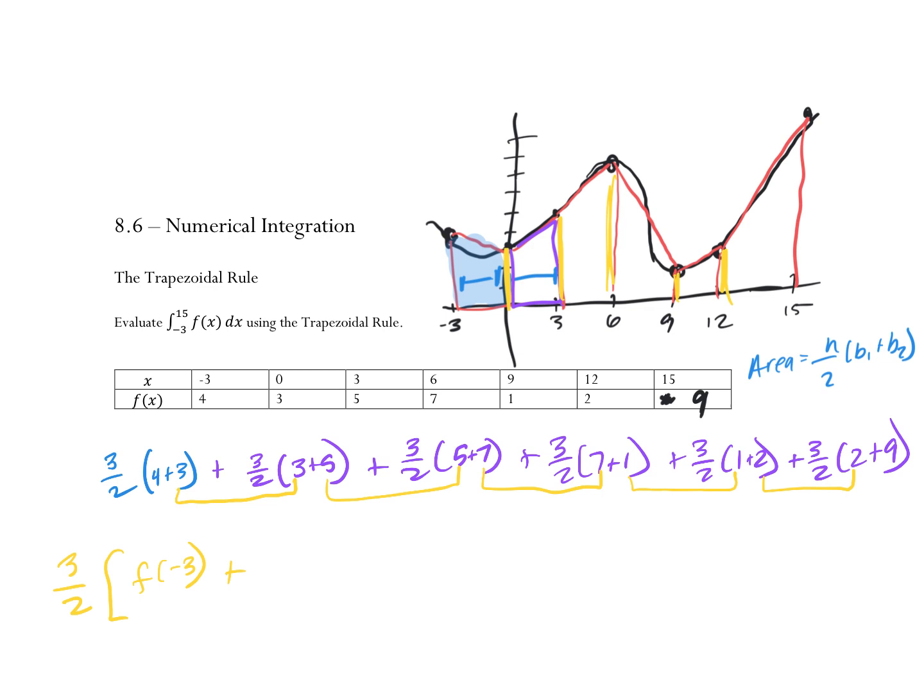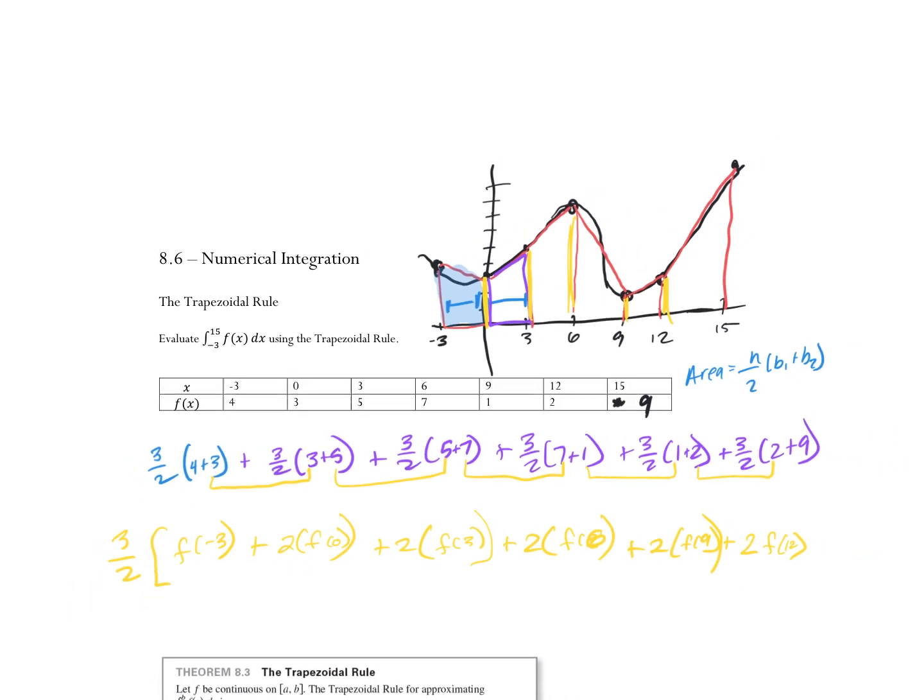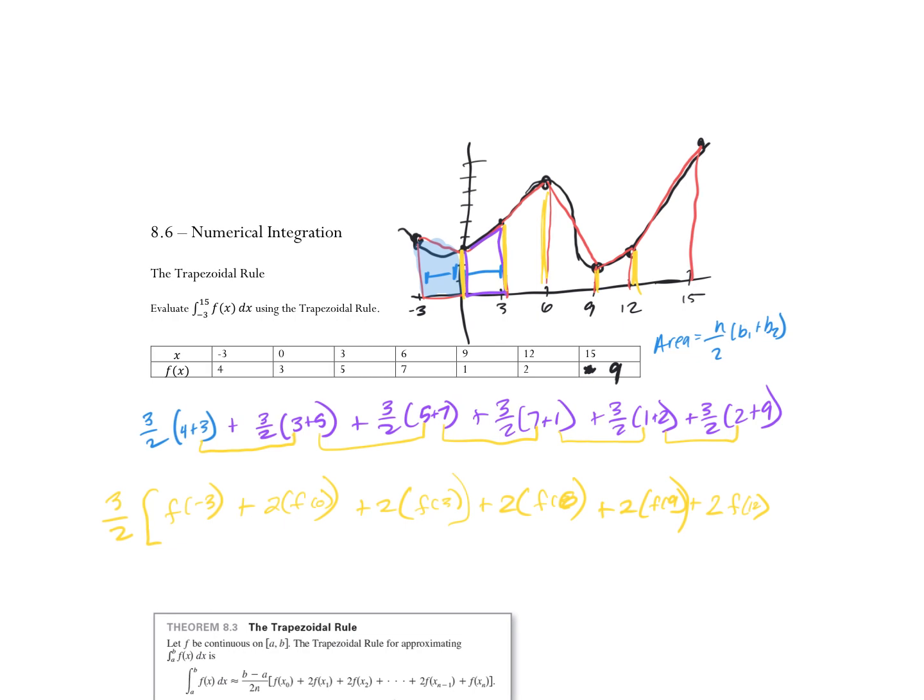And then we had 2 f of 0, and 2 f of 3, and 2 f of 6, and 2 f of 9, 2 f of 12, because the height of that trapezoid is just the value of the function. And then we just had 1 f of 15.